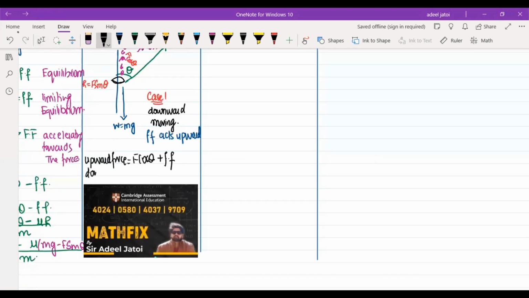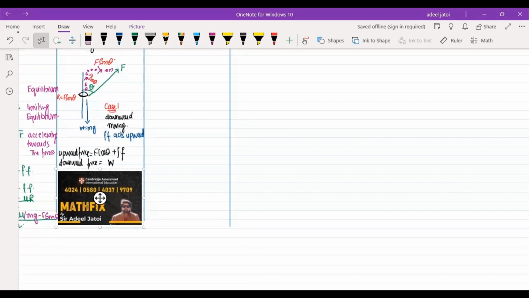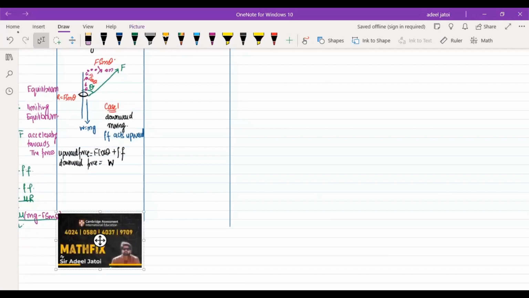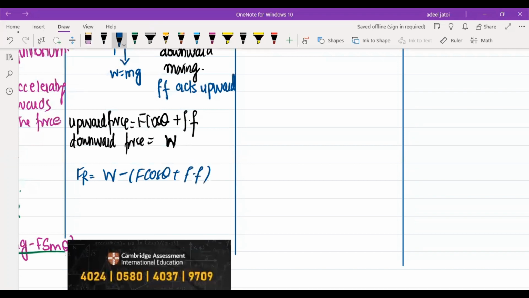And the downward force will only be one thing. The downward force will be only the weight itself. Only the weight. So if we just need to find out the FR, how do we find out the FR? Your FR will be weight minus, because it is falling downwards, F cos theta plus frictional force.